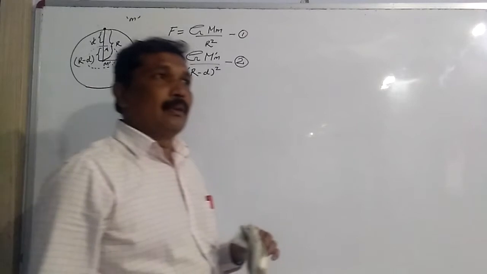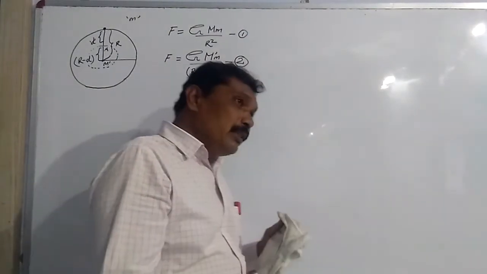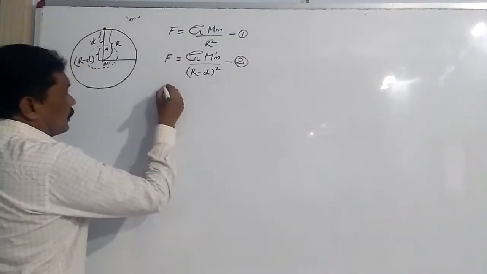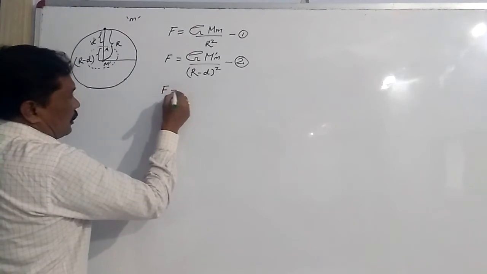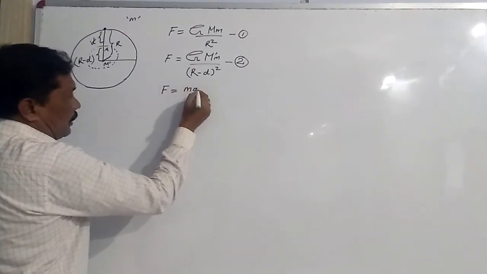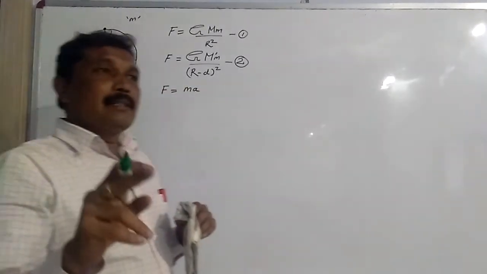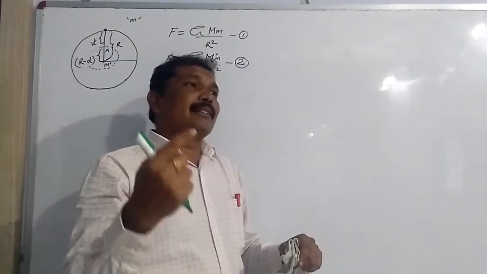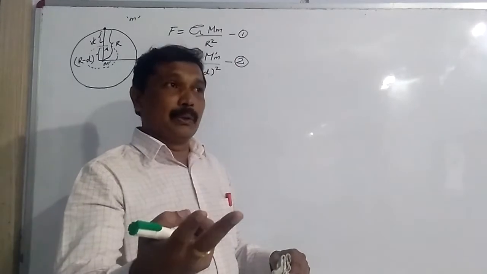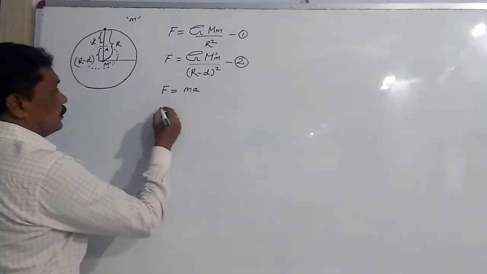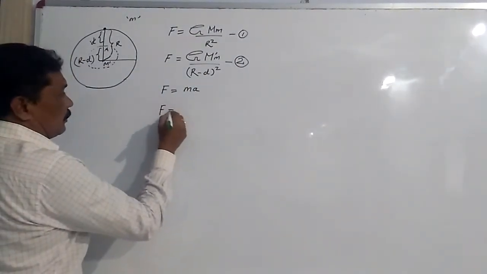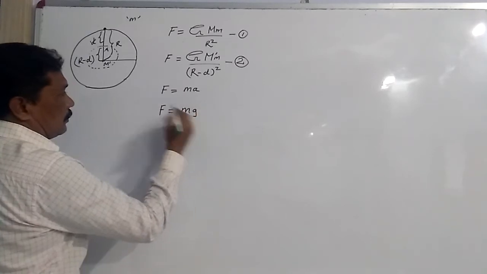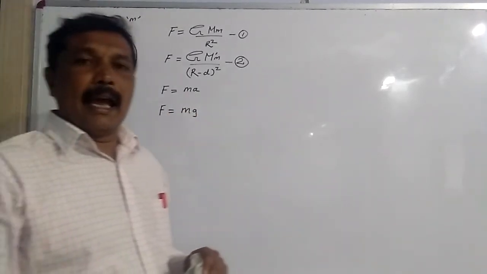Equation 2. But again we have seen what force is. F is equal to ma. But as the body is taken vertically downwards towards the center of the Earth, acceleration will become acceleration due to gravity. So F is equal to mg.